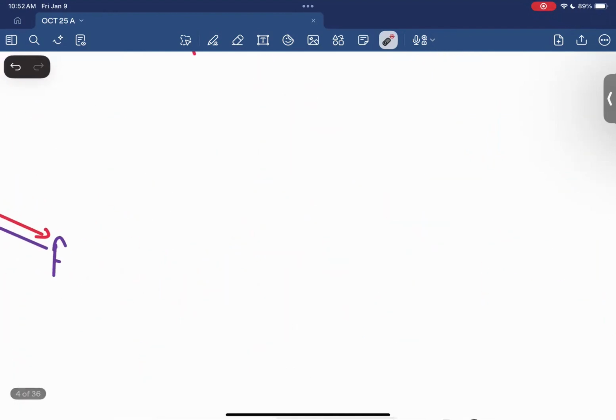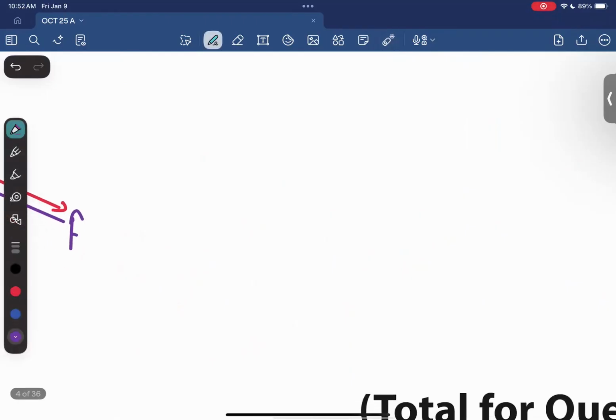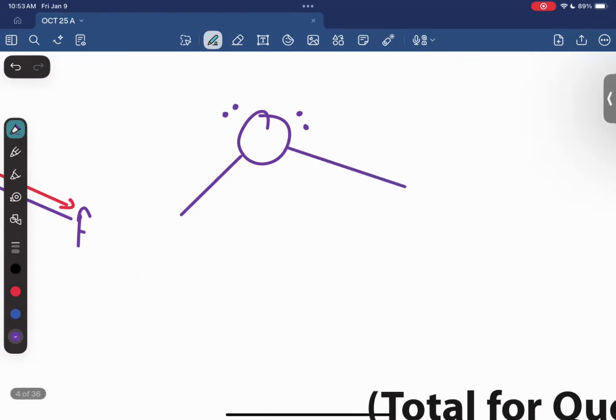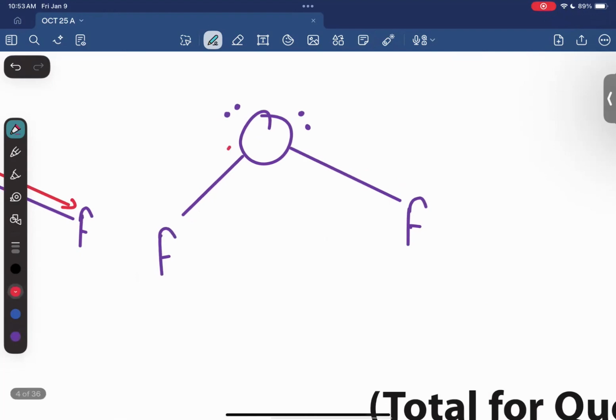So let's just draw this V or bend shape. These are the lone pairs. Over here we have one. Over there we have one. Fluorine, fluorine. Now, fluorine is way more electronegative than oxygen, so it would be pulling the electrons towards itself.